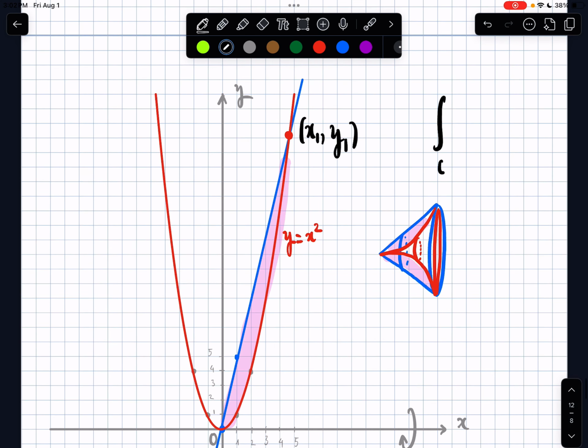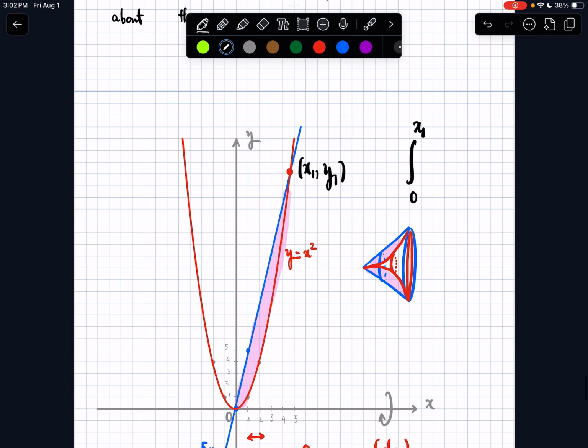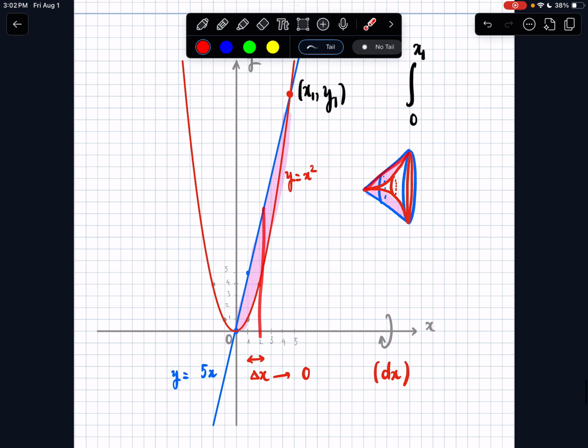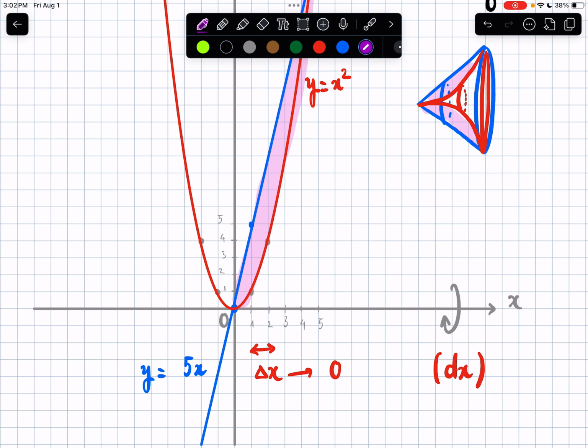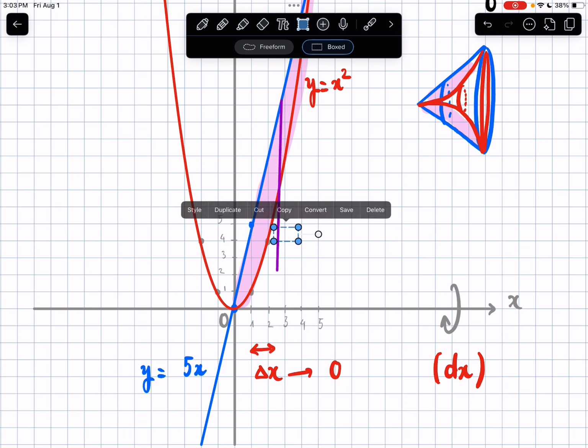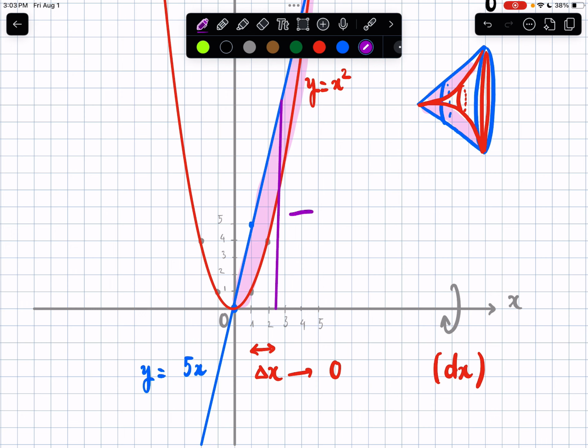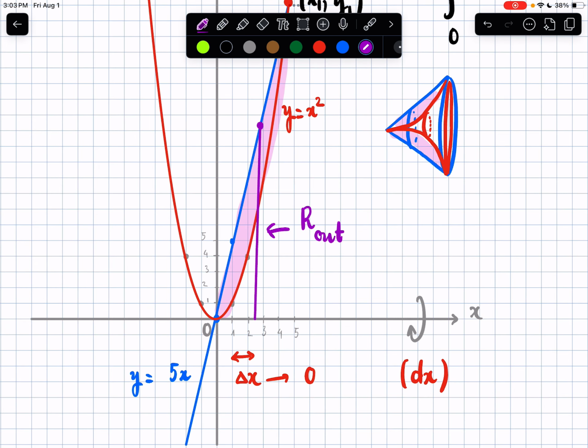So that would be the integral from 0 to x1. The blue one gives us the outer radius. For each point here, this gives us R outer. Each point x, y gives us the radius.